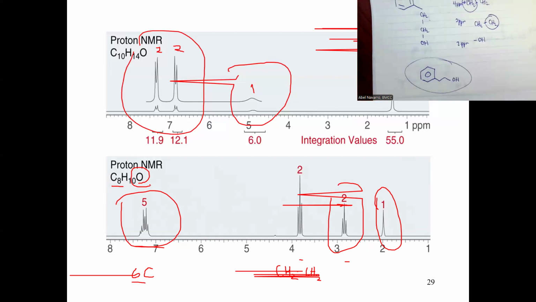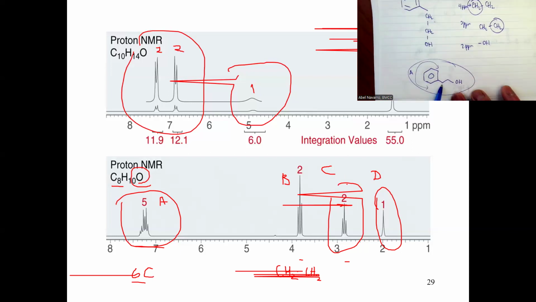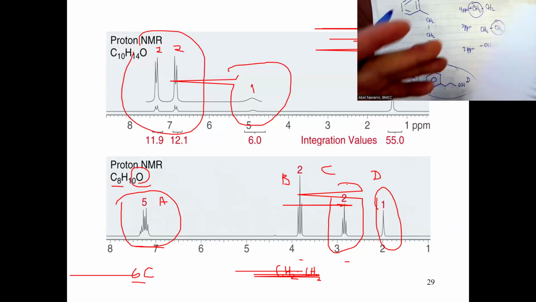Okay. If you ask me to label it, A, B, C, D, right? Aromatic is A. Which one is B and which one is C? Well, this one is clear, right? The OH should be the D. This one, okay.